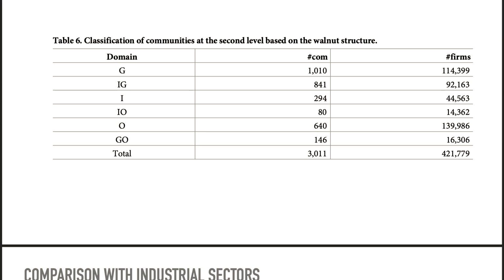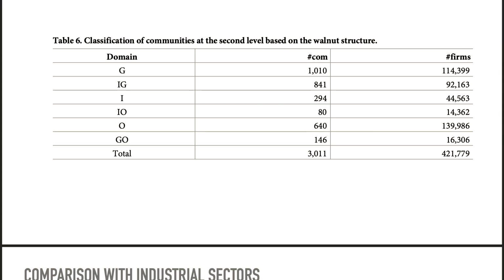IO is also very low, but IG is relatively high. And communities from only the out component number 640, which is also high, but G and O is very low. So, we can see that hybrid communities with the in component exist in this domain.